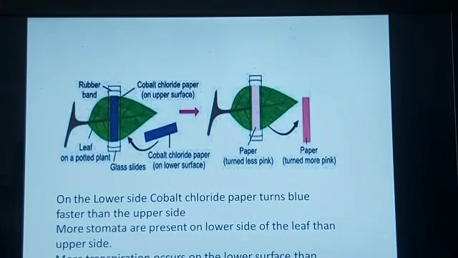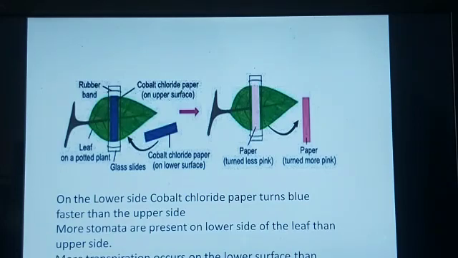So here you can say that the cobalt chloride paper takes a longer time to turn pink on the upper surface of the leaf, and on the lower surface the paper turns pink rather faster. Why does this take place?